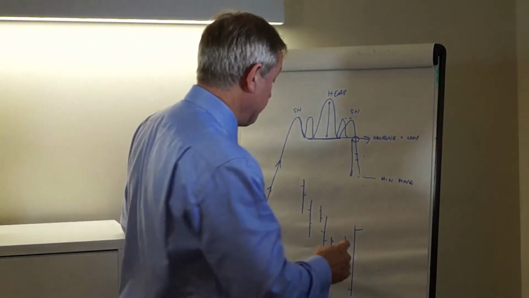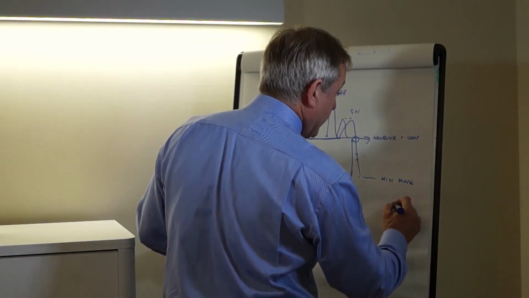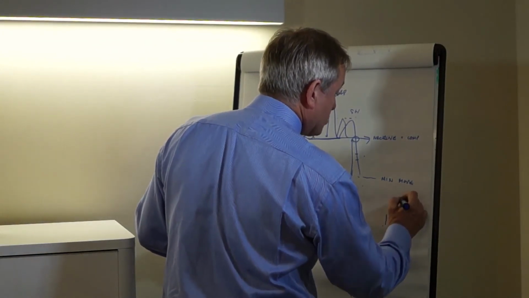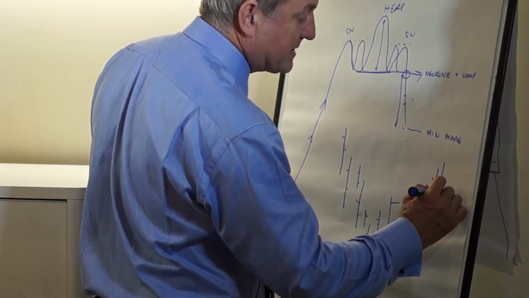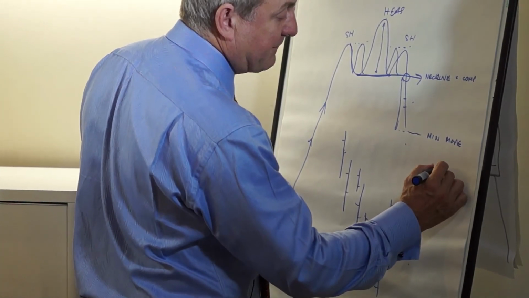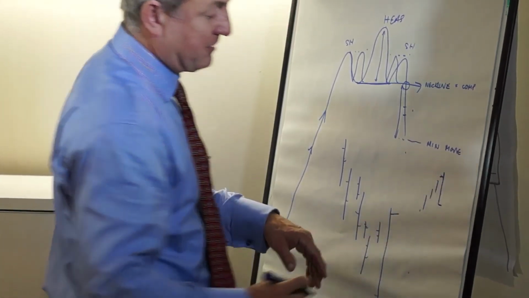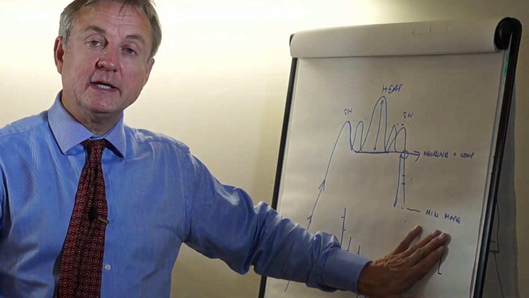In a bull market, the equivalent would be a bar that trades higher than the previous day's high, trades lower than the previous low, ends on a low, and that is good. In fact, it's nice if it opens higher than the previous day. It doesn't have to. That would be a bear key reversal.